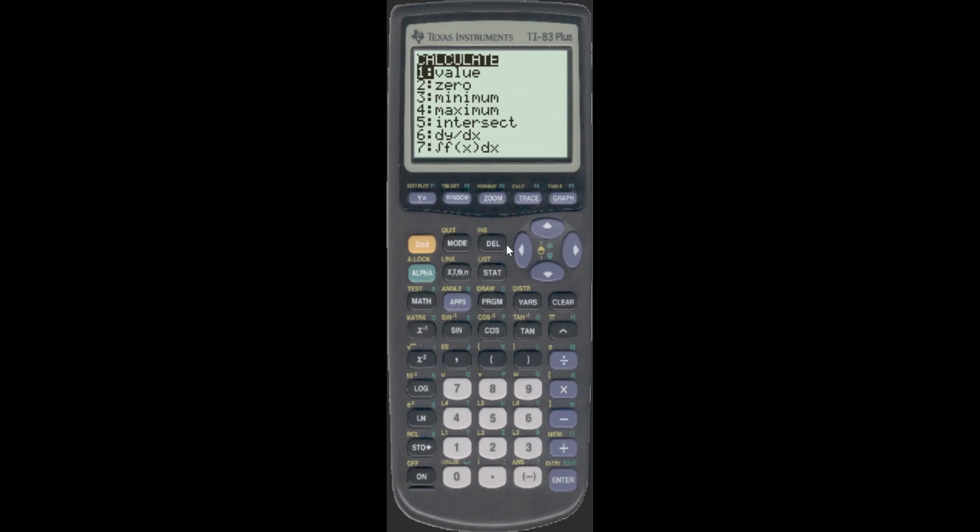Second calc, intersect. And now I can see where I'm at. First curve, all you have to be is nearby. We know the intersection is right there. You don't have to be right on top of it. You hit enter. Second curve, you have to be on the second curve. Again, you do not need to be right on top of it, just in the neighborhood. And then you guess. So 1.26610.